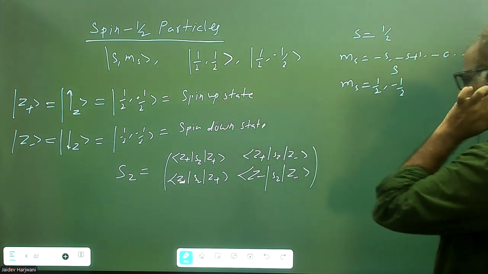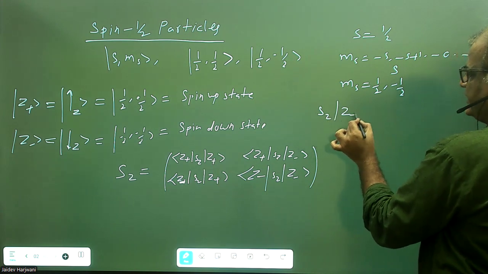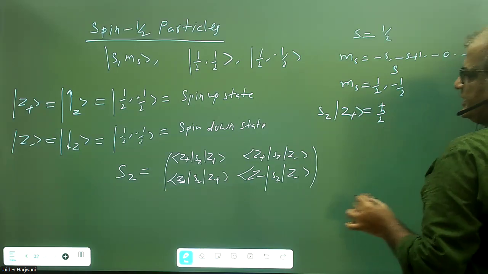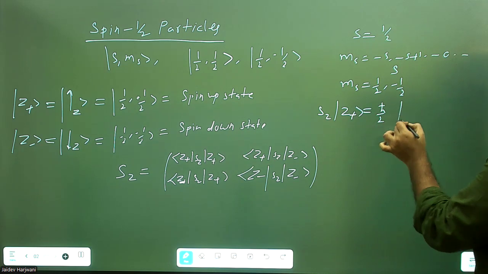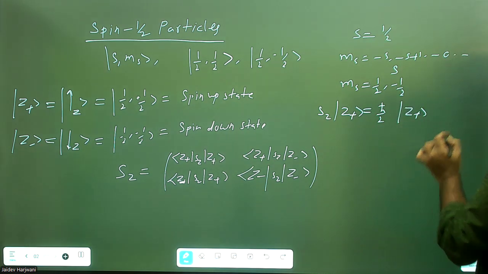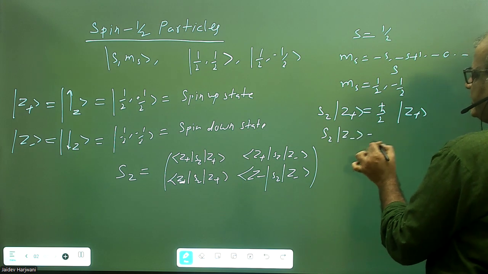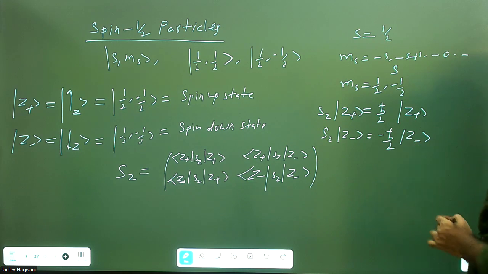So when Sz operates on Z plus, you get ħ/2 Z plus, and when Sz operates on Z minus, you get minus ħ/2 Z minus.